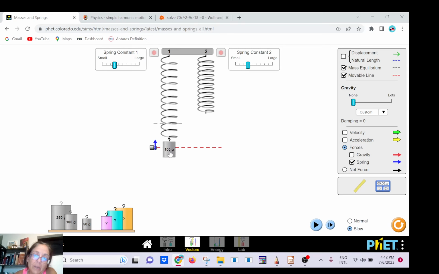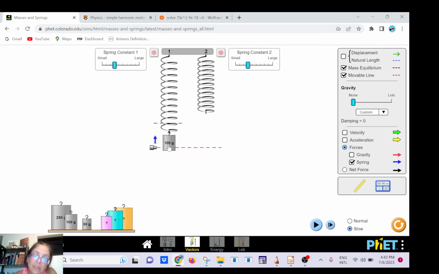Because I'm pulling on it, you see in blue, that's going to be the restoring force. So here, the restoring force is maximum. When it's at equilibrium, you have no restoring force. And then if I compress here, again, you're going to have a restoring force. So the restoring force is proportional to the displacement relative to the equilibrium.